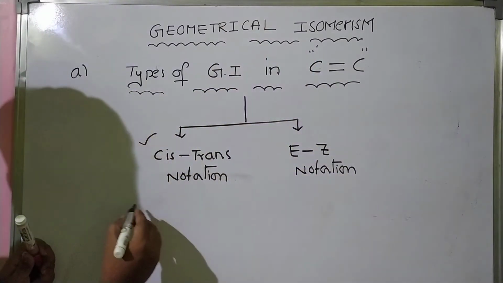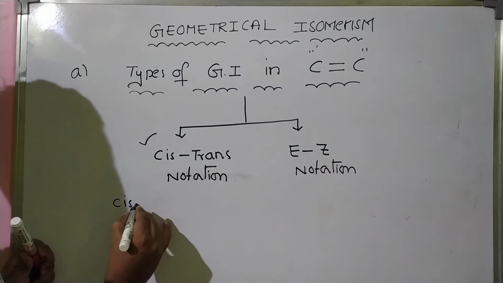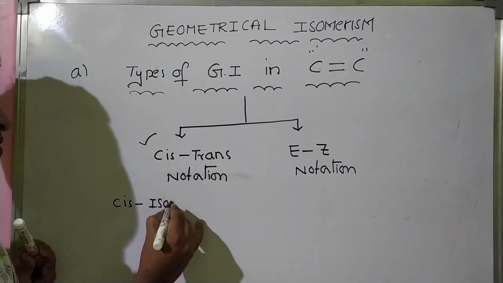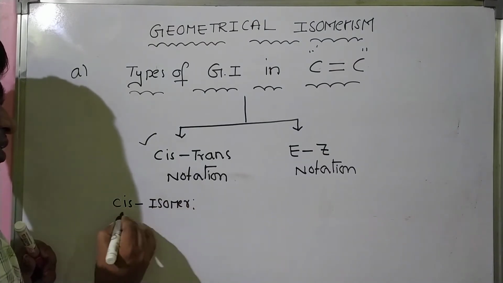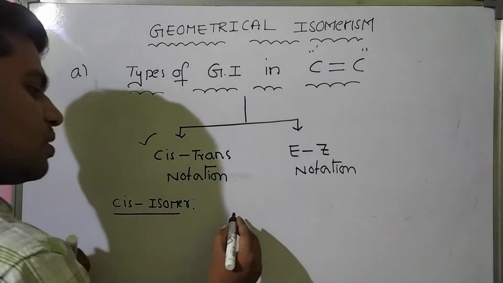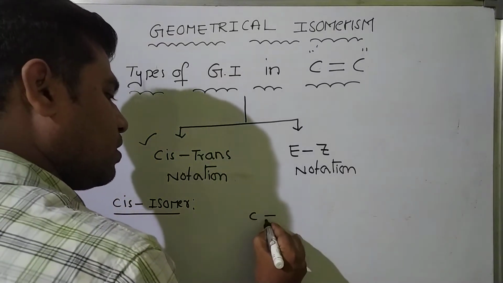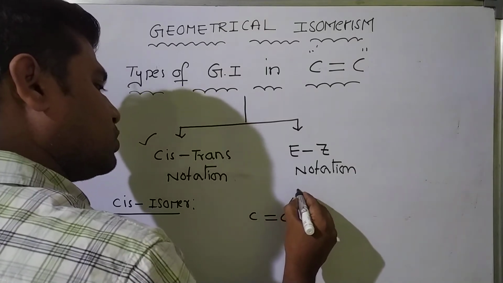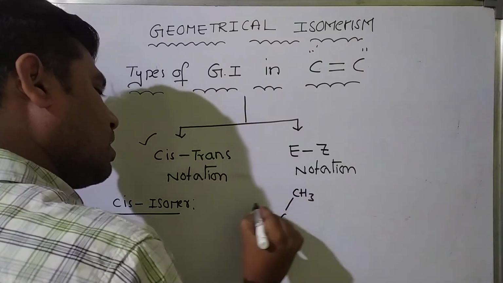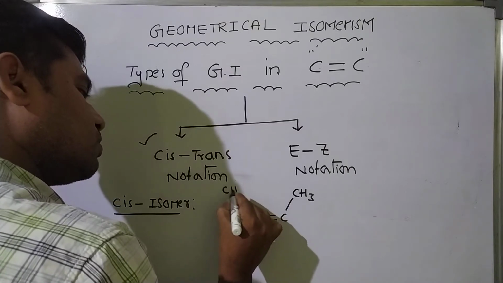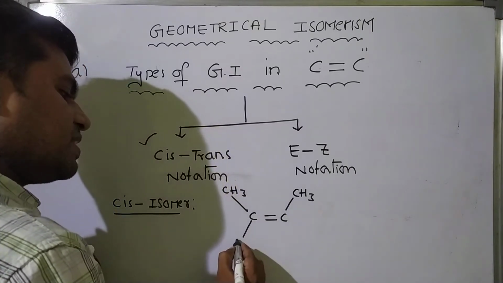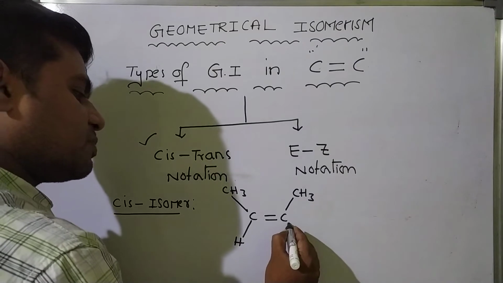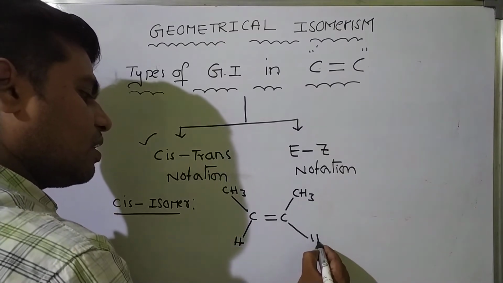Here cis isomer means if two equal atoms or groups are present on the same side with respect to the carbon-carbon double bond.